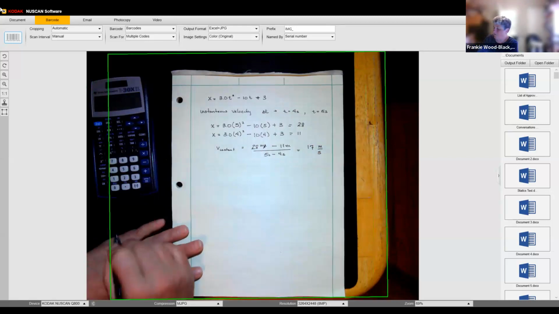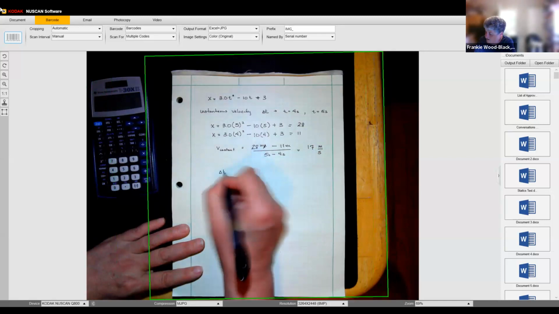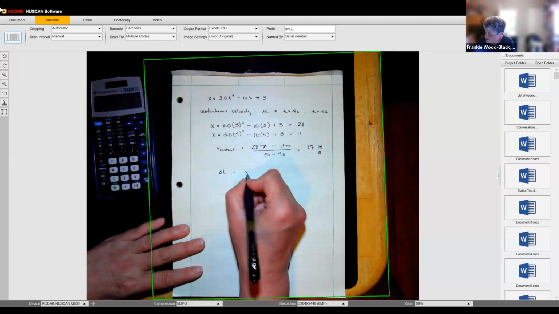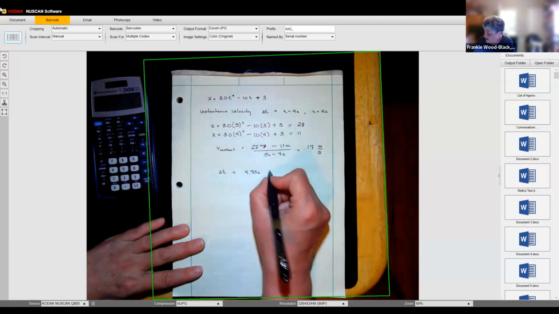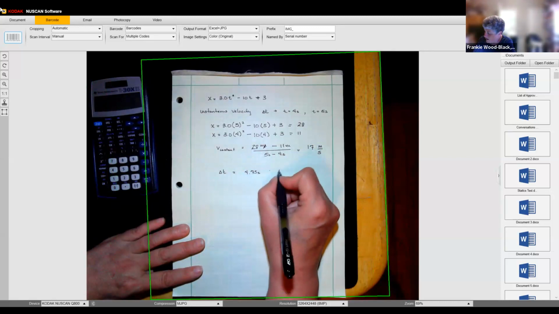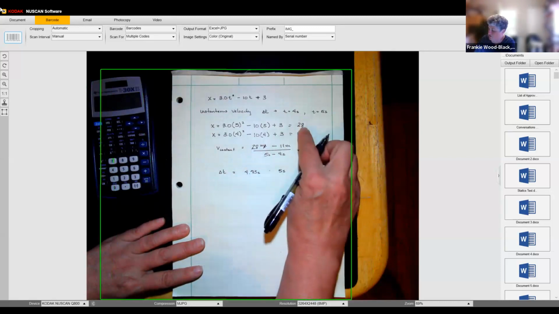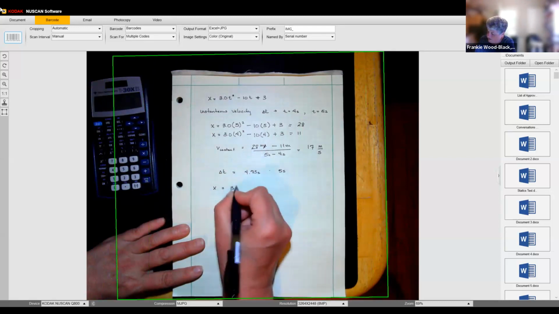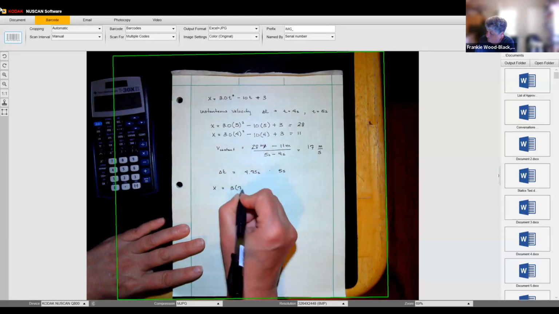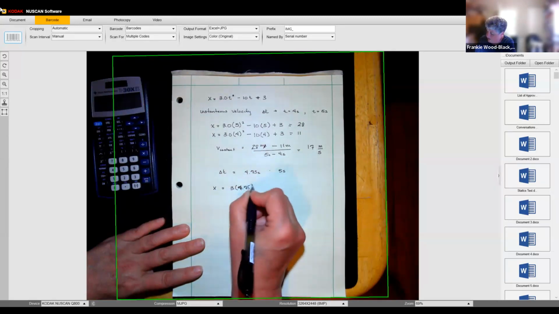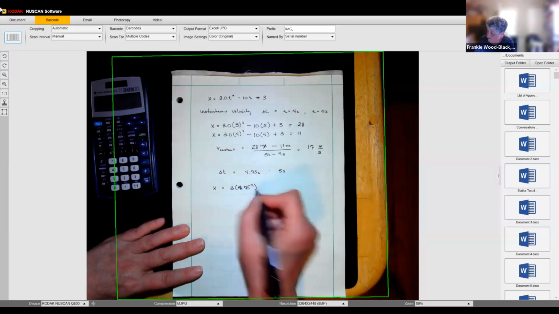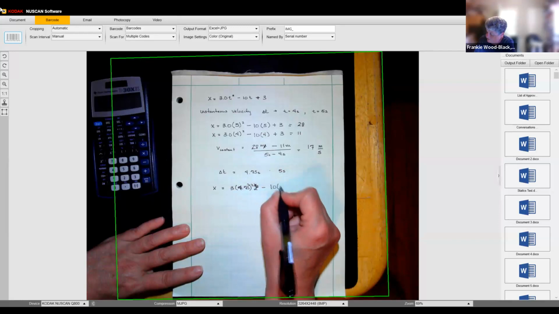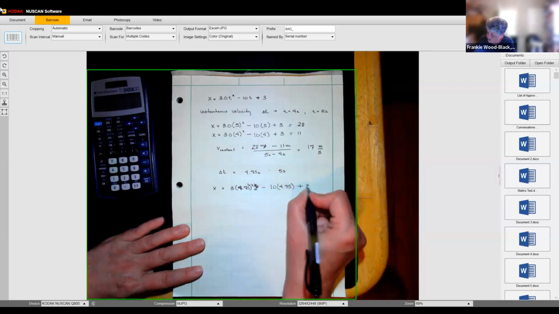But now we're going to do the exact same thing, except my change in time is going to be 4.75 seconds, and my new one is going to be 5 seconds. So I've already got my 5, so that's good. But I got to do my X at 4.75. So this is going to be 4.75 squared times 3 minus 10 times 4.75 plus 3.